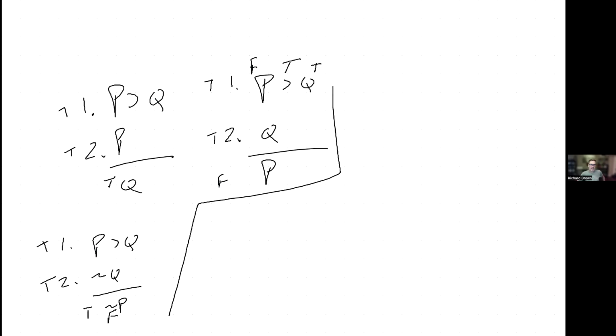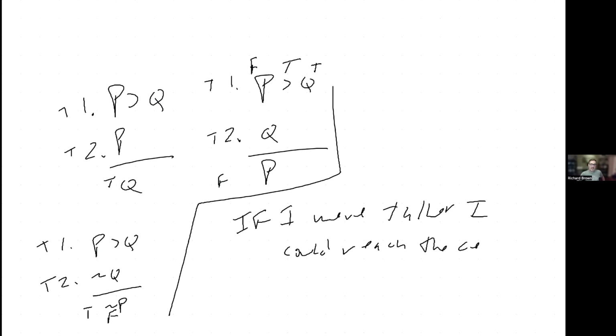So if you say, if I were taller, I could reach the ceiling. Okay, so now it's false that I were taller. I'm not taller. I'm exactly as tall as I am.